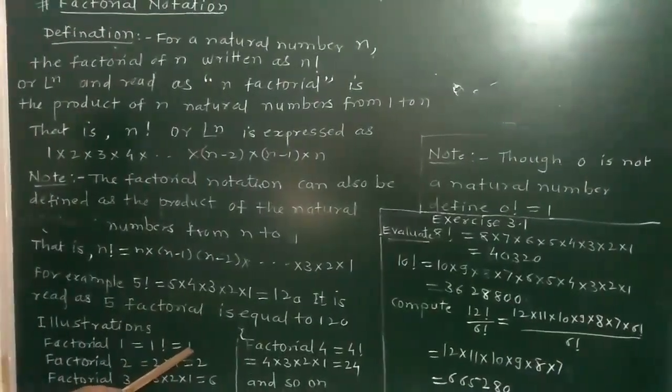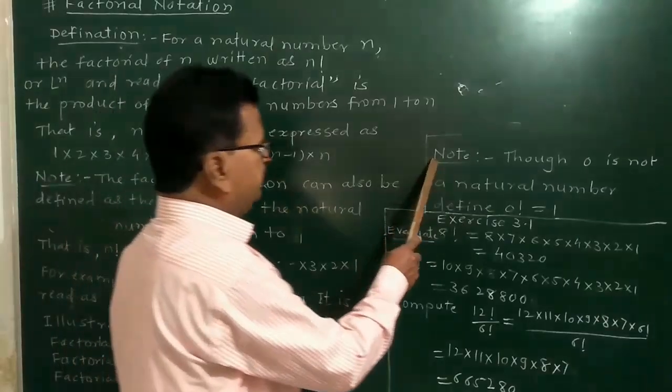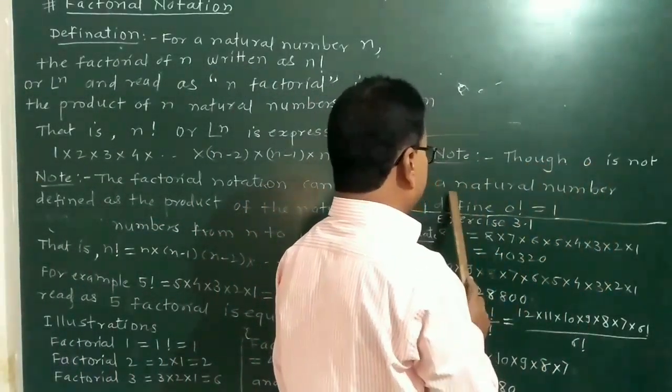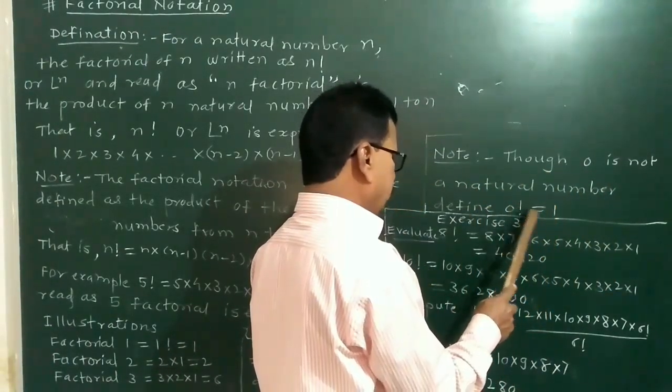Factorial 2 is equal to 2 into 1, which is 2. Factorial 3 is equal to 3 into 2 into 1, which is 6. Note, though 0 is not a natural number, we define 0 factorial is equal to 1.